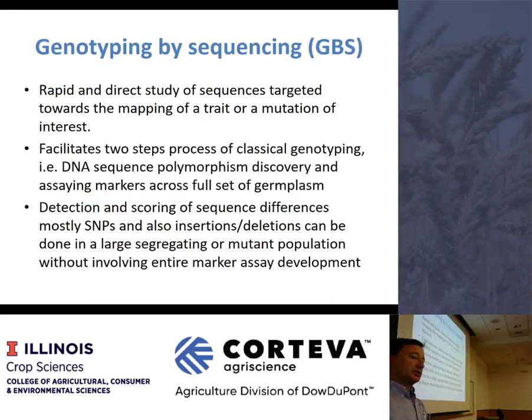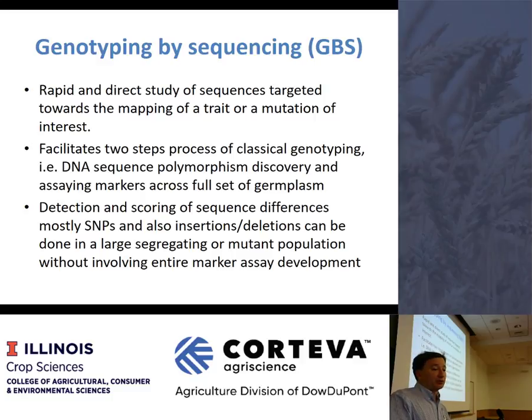Genotyping by sequencing has emerged as a rapid and direct method of sequencing, and the only problems that we've had are with providers for genotyping by sequencing. So we plan to do more in-house GBS, using some of the new recommendations from Illumina on targeted sequencing.